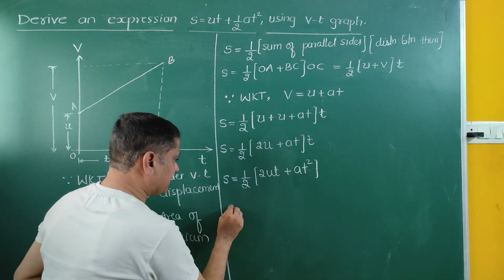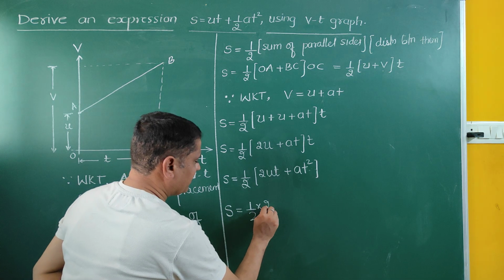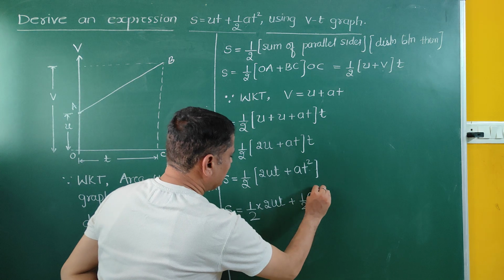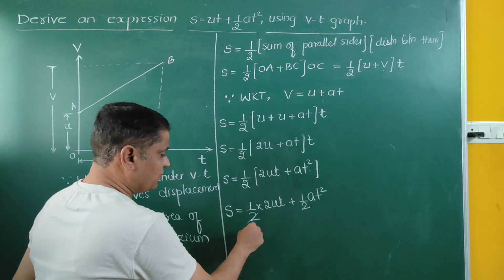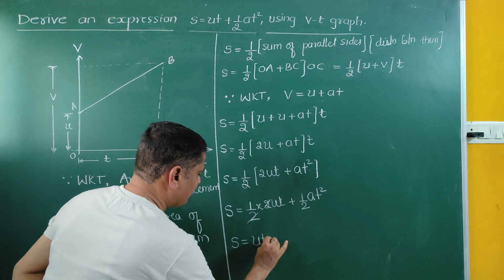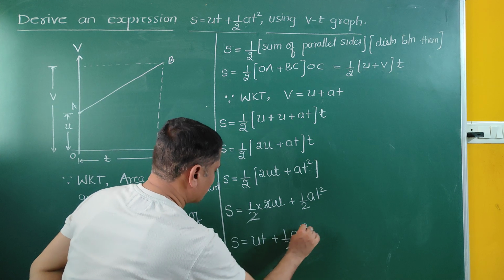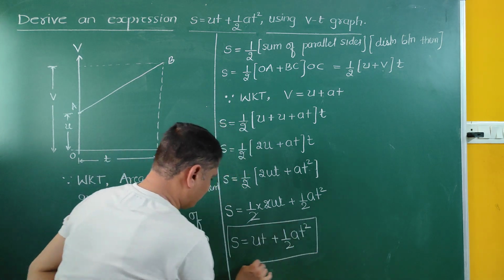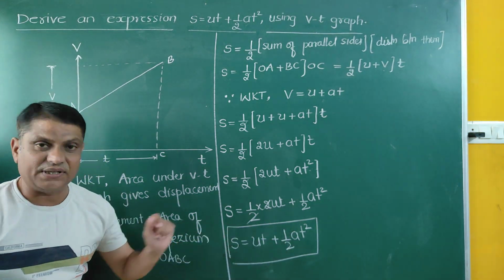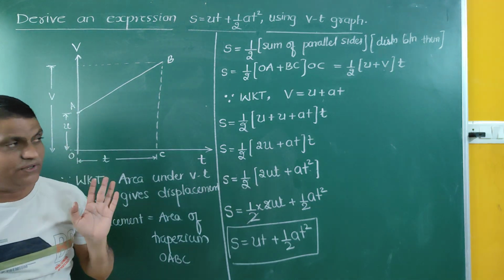Then multiply half inside, S is equal to 1 by 2 into 2UT plus 1 by 2 into AT square. The 2 cancels, then S is equal to UT plus half AT square. So this is an expression for displacement in terms of U and A as well as T. This is our today's most important derivation.